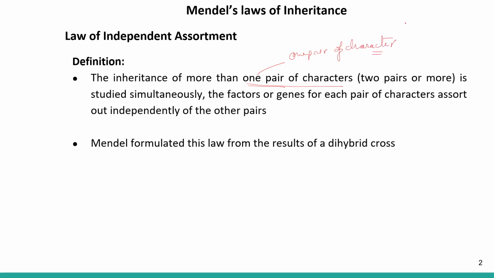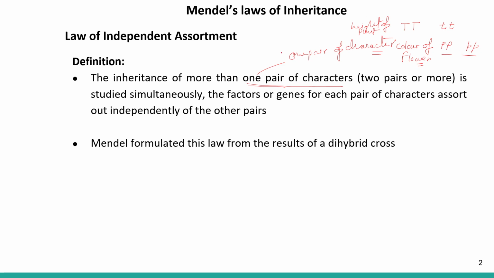Either we were considering the height of the plant, denoted by capital T and small t, or we can also consider the color of the flower. We took the example of purple, capital P, and white flower, denoted by small p.